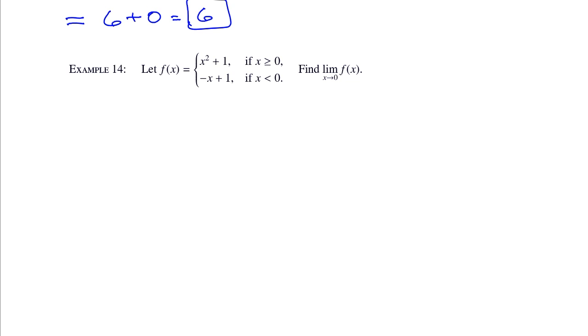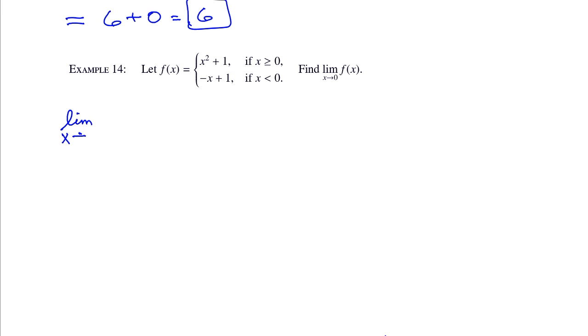Now, the problem here is that we have two different pieces, and those pieces split up at the x value that we're trying to compute the limit of. So the trick is to compute the individual one-sided limits and then use our rule from before. If the one-sided limits are the same, then we know what the full limit is. If they differ, then the limit does not exist.